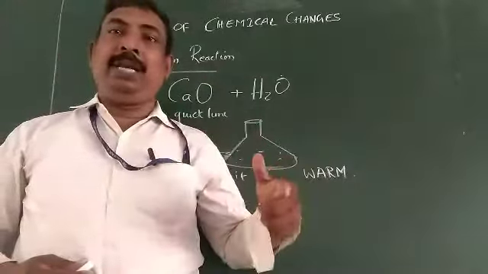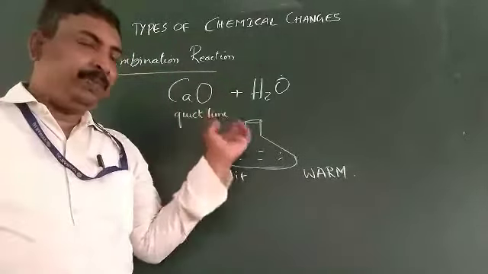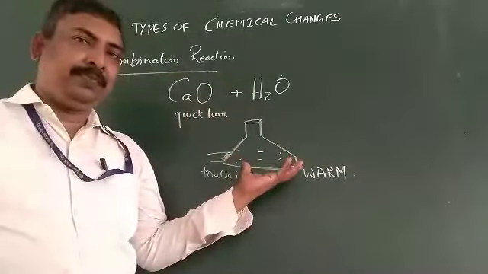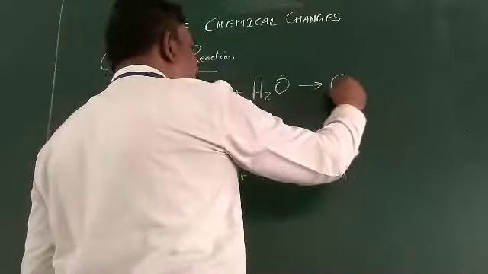Now in this reaction, what did we see? We saw that while adding water to the quicklime, some heat is released, and when you touch the conical flask, you will feel it warm. Okay, now what compound or products are formed?